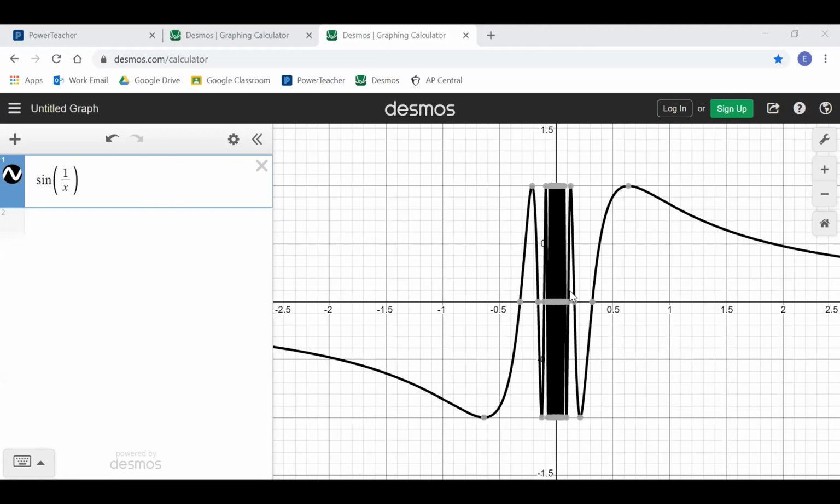All right, I got 1 over 0 is undefined algebraically. This is true.